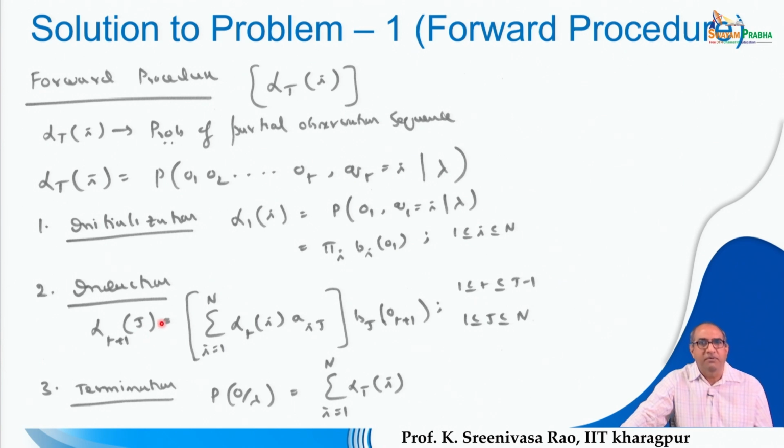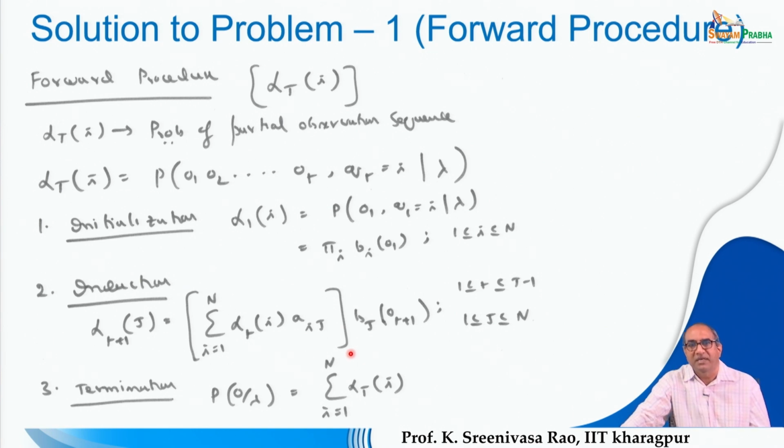By applying the same induction until we reach the end, at the termination step, P of O given lambda is obtained, because our last observation is capital T. If we move on to the last step capital T, we get alpha T of i.